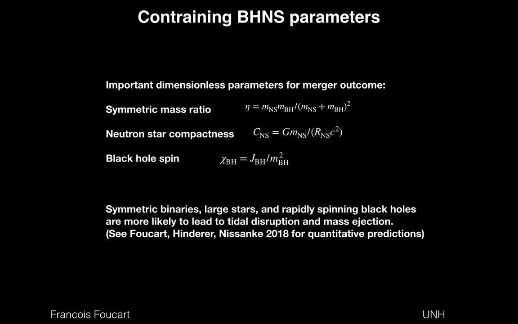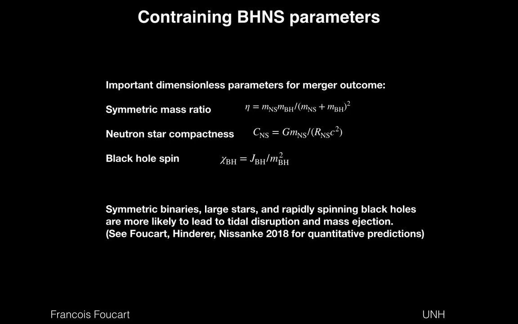And that means that if the black holes in black hole neutron star systems are similar to the black holes that we observe in binary black hole systems, which is not guaranteed, but if that's the case, then it's going to be very hard to disrupt a neutron star in a black hole neutron star system. It's going to be a more common occurrence for a black hole neutron star system to lead to no disruption of the neutron star.